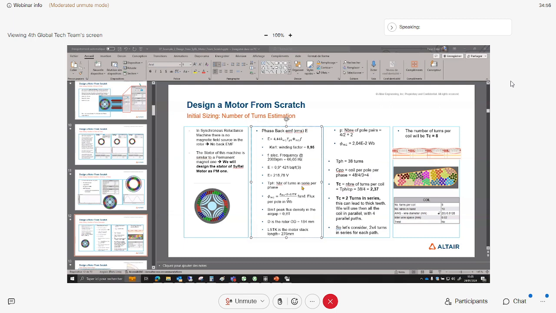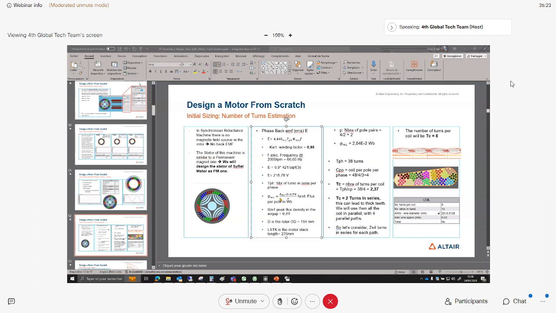Okay, so then we computed the back EMF. Only the magnetic flux remains unknown, because TPH is the number of turns in series per phase that I want to compute. So how to compute now this magnetic flux over one pole?